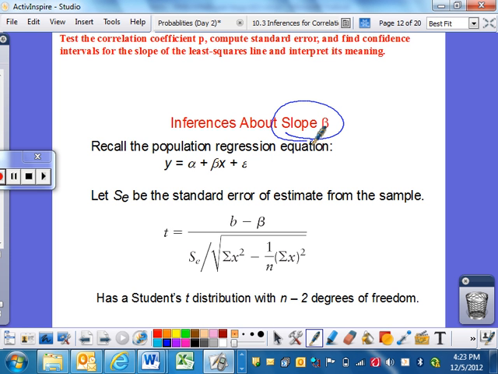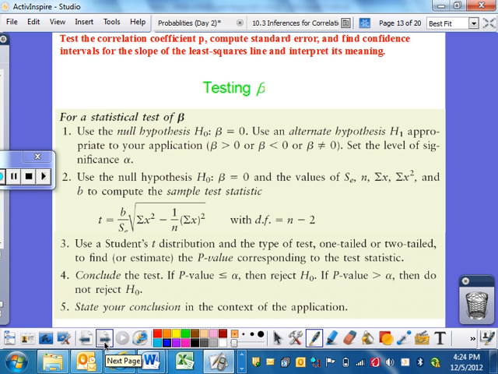All right, and that's what we need to do. So standard error for the beta t-score, you should see this formula in the next one down. That's what I'm going to use and have an actual example of. So if I'm going to test beta, this is how I find my t-score for a test. And then they go through the same idea.